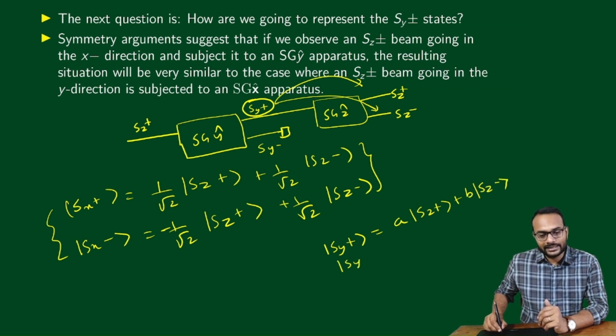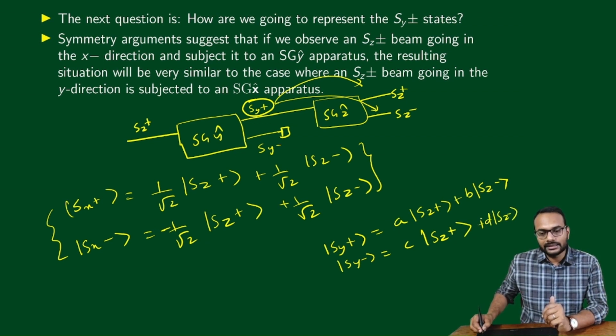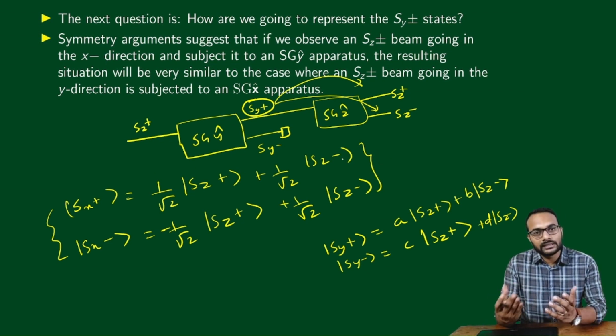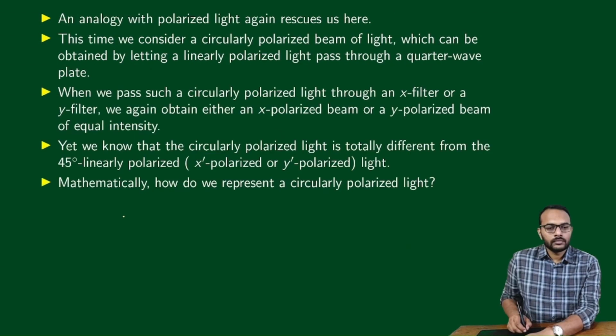And for the Sy minus state, maybe the same coefficient or a slightly different coefficient, plus another coefficient times Sz minus. This is what we expect. But by writing these things, we have completely used the correspondence that we made. So how do we accommodate the Sy plus and Sy minus states in the same scheme?